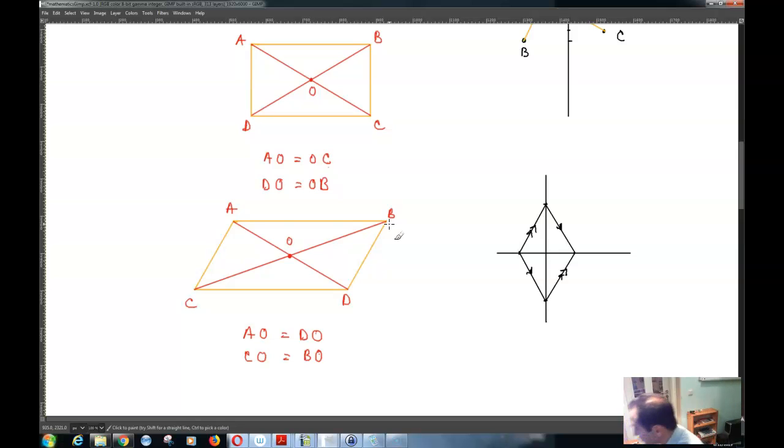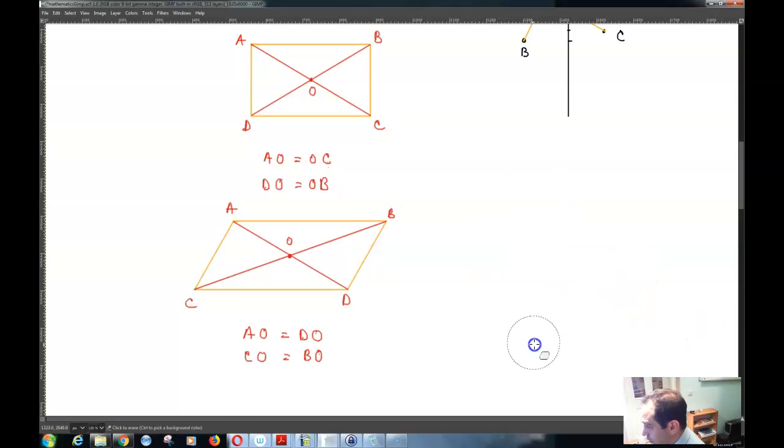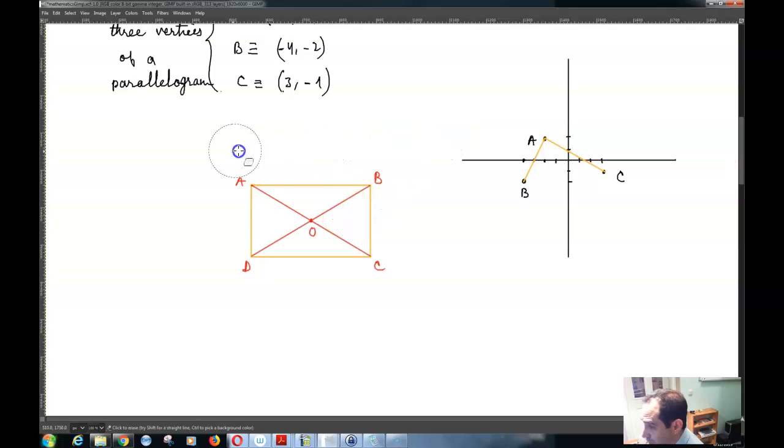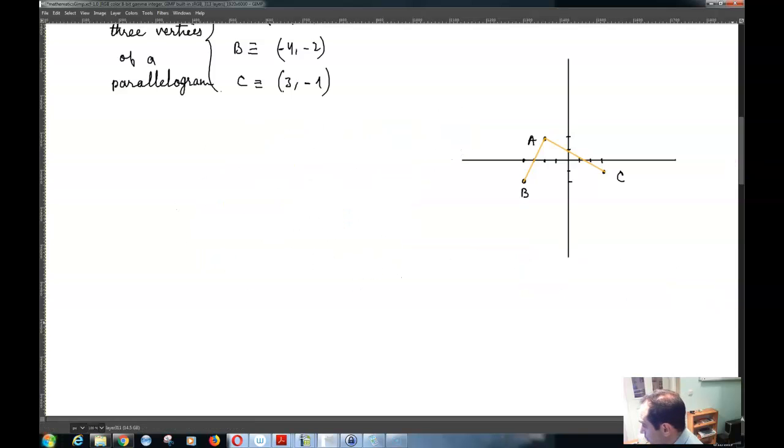Now you need to keep this in your mind. And I want to explain something else as well, and then we will go back to what we just said and solve this problem. You can see that I have these 3 points over here, and these are the vertices of a parallelogram. So I can find the equation of this line, because I have 2 points on the line.